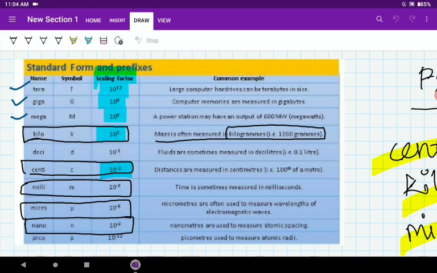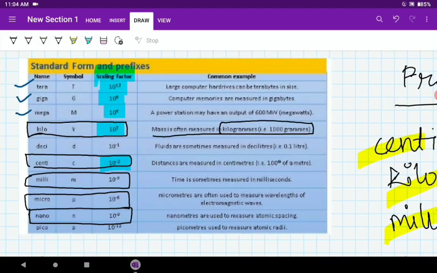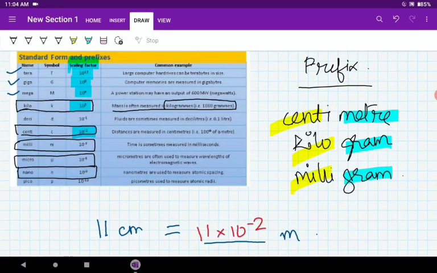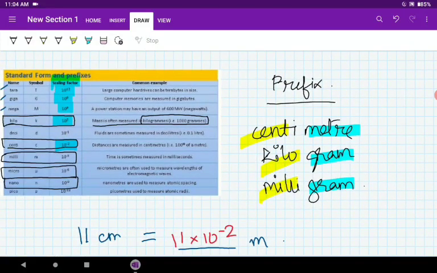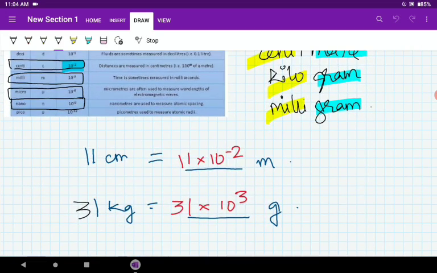You can very well find this table anywhere, and you have to just go through it once or twice, and then eventually you will remember it all when you do all the sums and when you proceed further. So we are clear about prefixes. Prefixes are words which are used in front of units in order to shorten them or elongate them. See, it is not convenient to write 11 into 10 to the power minus 2 meter every time, right? Or if you write it in decimal form, it will be 0.11 meter, and this will be 31,000 grams.